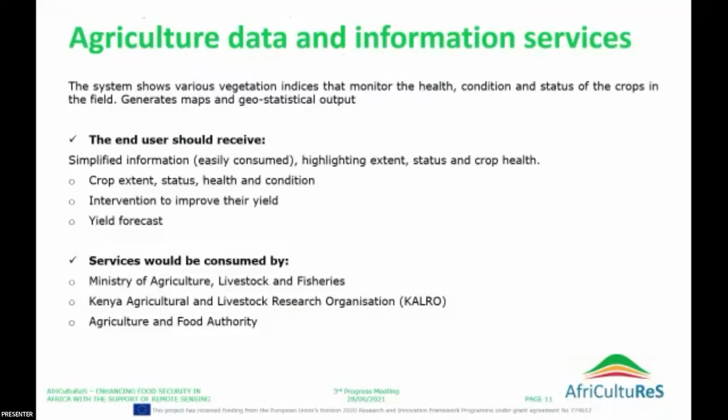Now, bearing in mind that information that I just presented, we started from the farm level and we are trying to look at it from the different perspectives, even at the policy level, where this information is relevant.